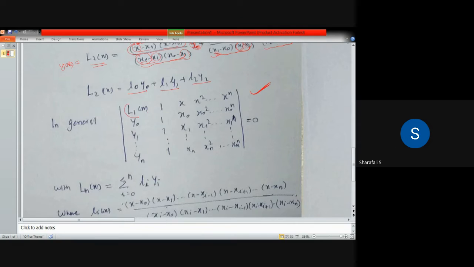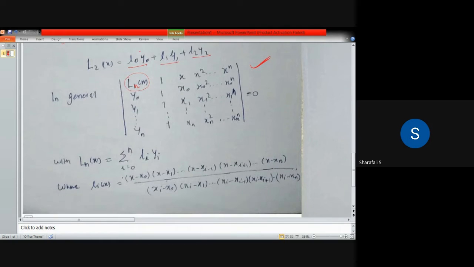So we can write it as Ln of x, which will be equal to the determinant with Ln of x, 1, x, x square, x cube, x raised to 4, and so on up to x^n. It is just a generalization.